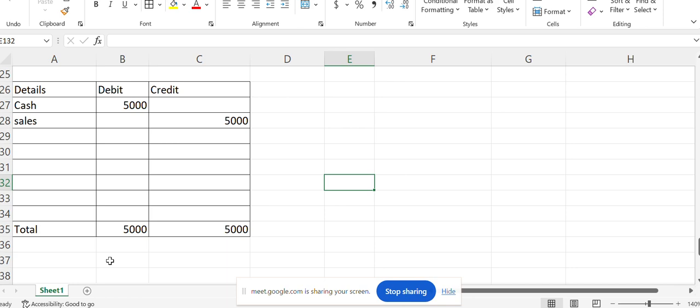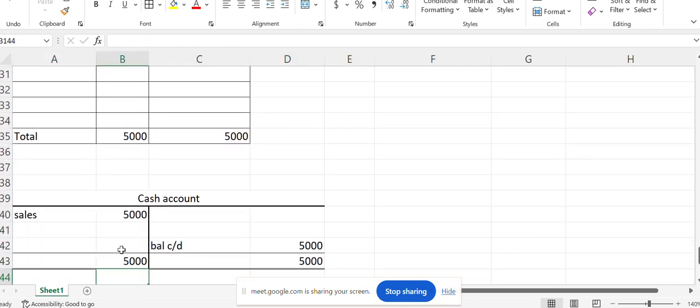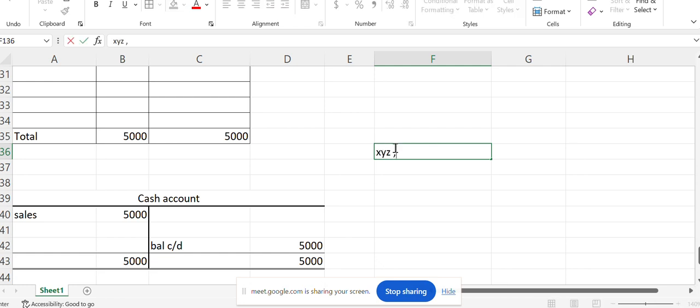Let me use an example. I'm going to use the same example, this one here. Suppose XYZ made cash sales, let me use an example of Kenya shillings 5,000 to a customer called Patel.